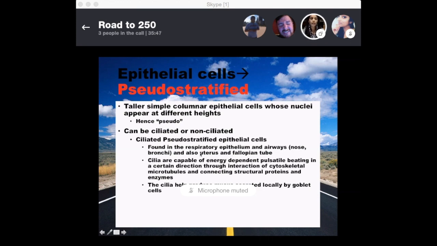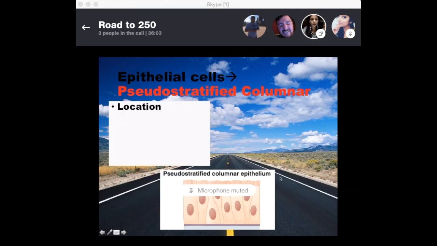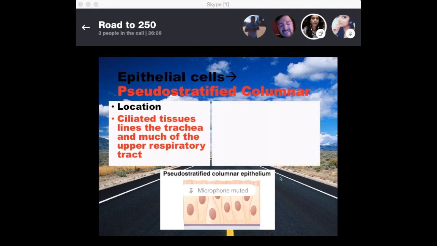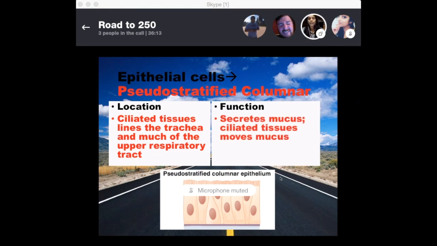So we can think of ciliated pseudostratified epithelial cells as associated with mucus, and hence it makes sense that they're commonly seen in the respiratory epithelium. Like I said, they're in ciliated tissues that line the trachea and much of the upper respiratory tract. Its function is to secrete mucus, and the ciliated tissues allow for movement of that mucus.